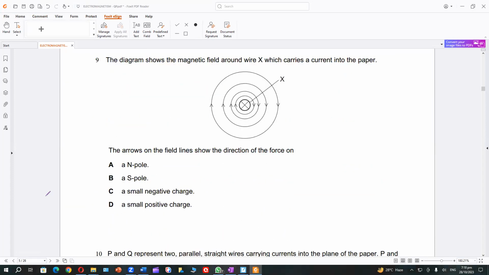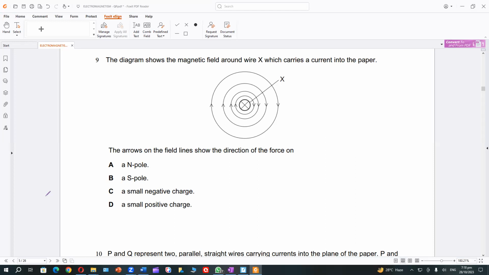The diagram shows the magnetic field around wire X, which carries a current into the paper. You have to put your right hand rule on this cross. Cross is into the page. Which arrows on the field line show the direction of the force on the North Pole?